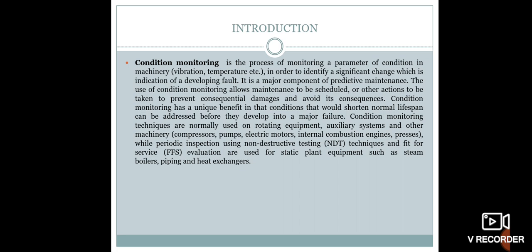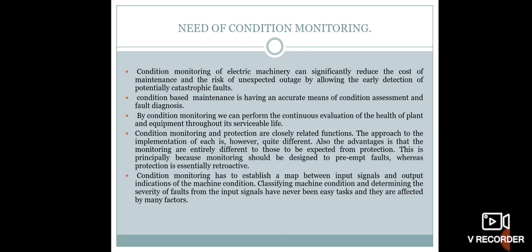Now coming to the next slide. Need of condition monitoring. Condition monitoring of electrical machinery can significantly reduce the cost of maintenance and risk of unexpected outage by allowing the early detection of potentially catastrophic faults.